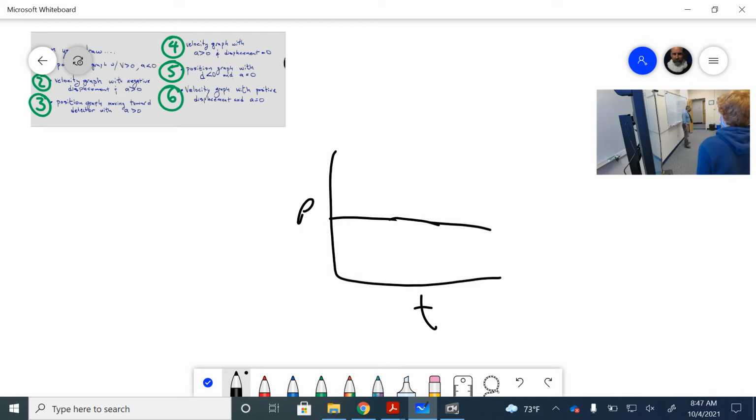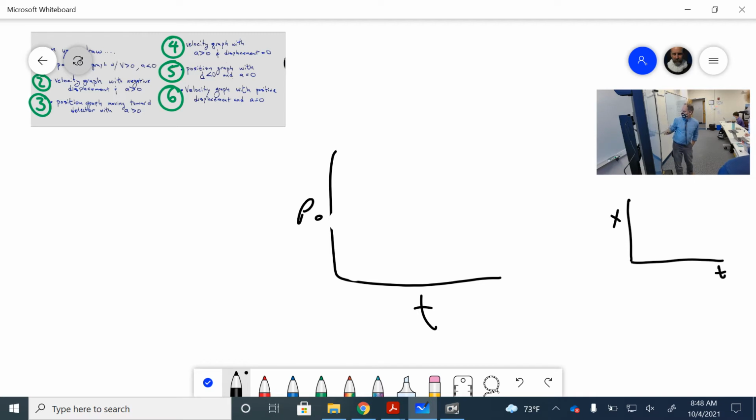What does it mean to have negative acceleration? What's the line in the middle there? Oh, so a position graph should have, for our things, yeah, can I use this for a second? So just generically speaking, our position graphs are going to look like this, and our velocity graphs are going to look like this.